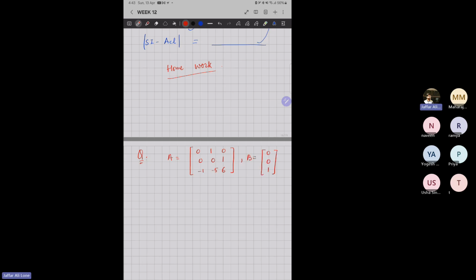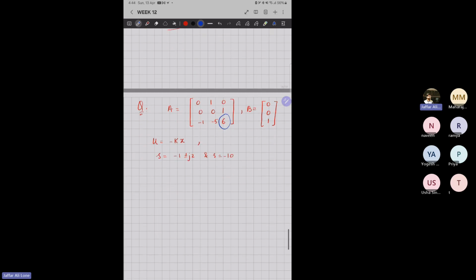In your assignment, you have a similar question, and you want to design a state feedback U equal to minus Kx such that your closed loop poles are at S equal to -1 ± j2 and S equal to -10. The difference between your assignment question and this question is this term. There it's -6; here I have taken 6. So be very, very careful here. See how I solve it, and accordingly you'll solve your assignment question.